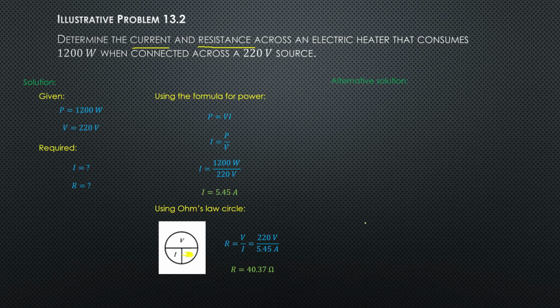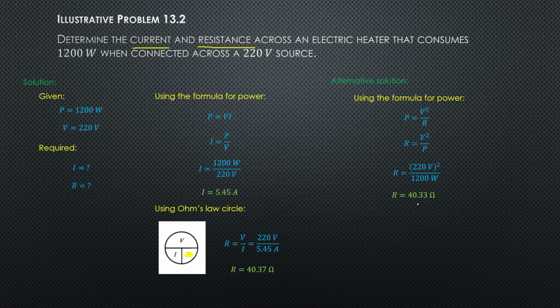Alternatively, you can use the other formula for power, provided voltage is given. As you can see here, power is equivalent to V squared all over R. So you can simply solve for the resistance, substituting 220 volts and 1200 watts. 220 volts squared divided by 1200 watts gives you 40.33 ohms.